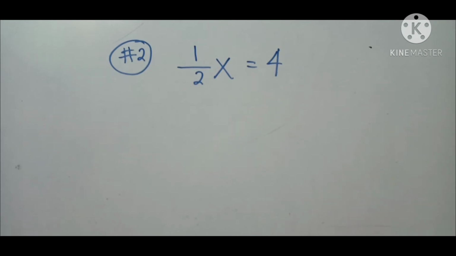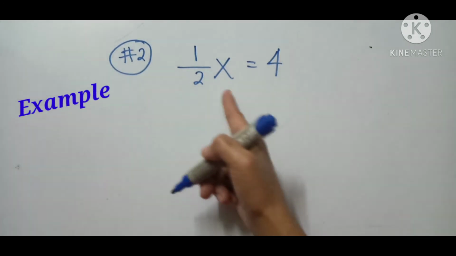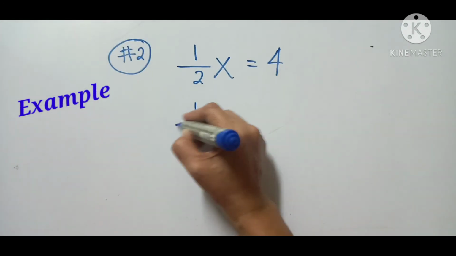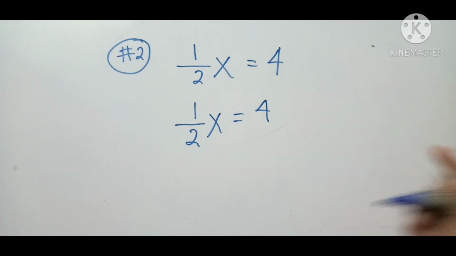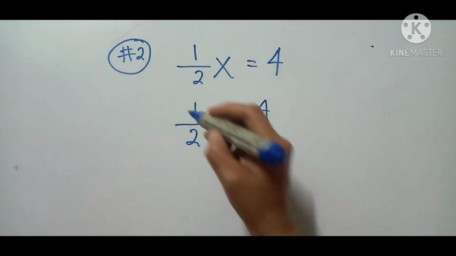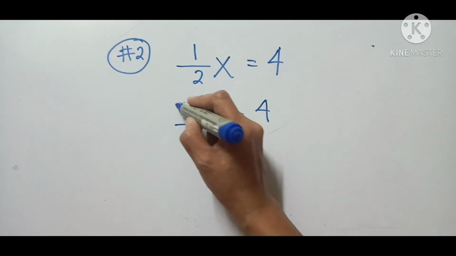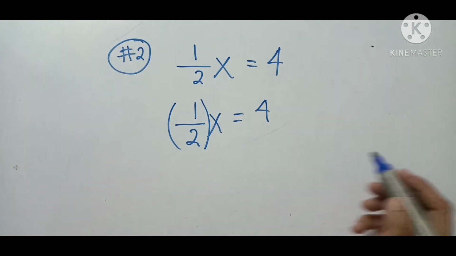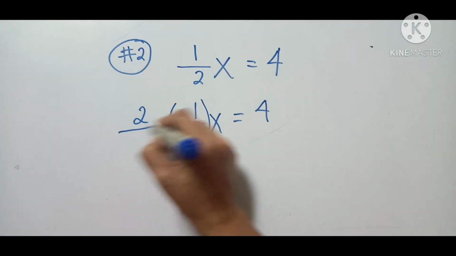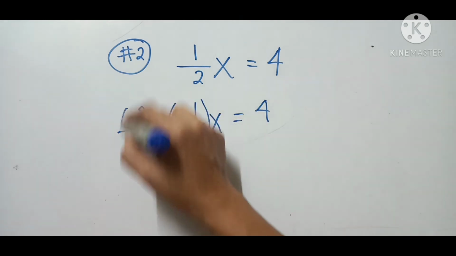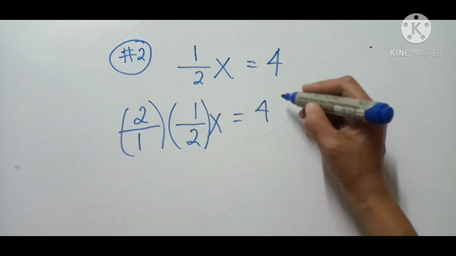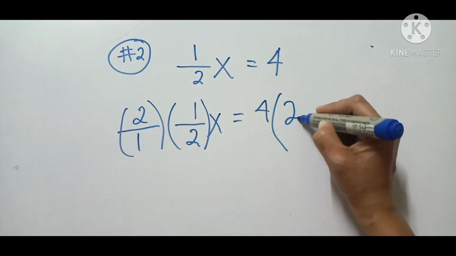Second example, 1/2 x equals 4. So flip the 1 over 2. Make it as 2 over 1. Multiply 2 over 1 in both sides, left and right. 4 times 2 over 1.